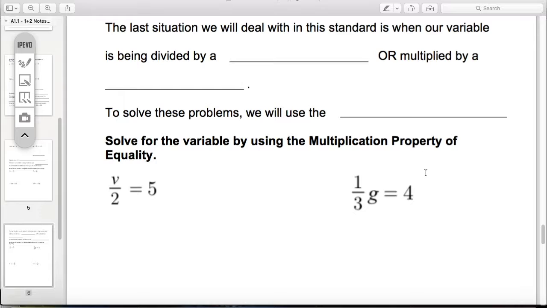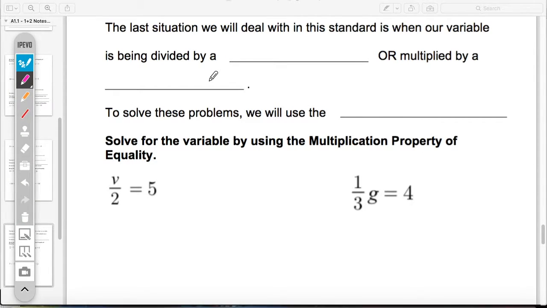And the last situation we will deal with in this level of the standard is when our variable is being divided by a whole number or multiplied by a fraction.